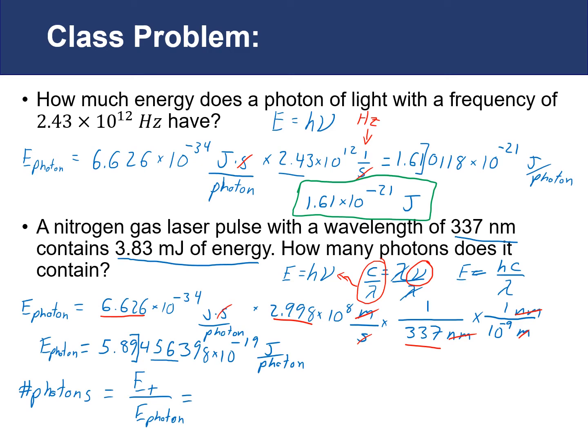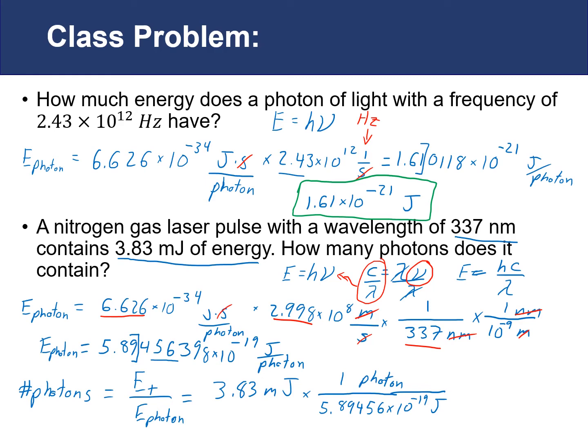So we have 3.83 millijoules of energy times 1 over our energy per photon, which is the same thing as dividing. So that's 1 photon per 5.89456 times 10 to the minus 19th joules.